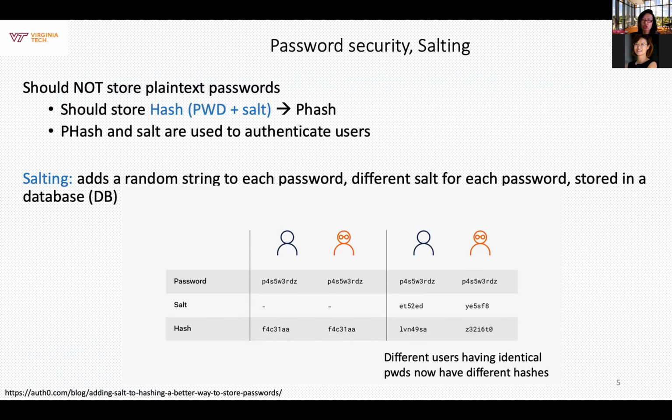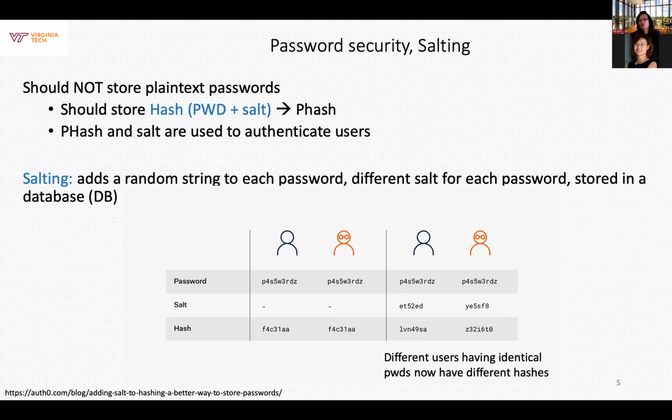In addition, you also need to add a little bit of salt. It's a process called salting. It's just a random string or random number that you concatenate before computing the hash. This way, if two people have the same password, their hashed passwords will look different.